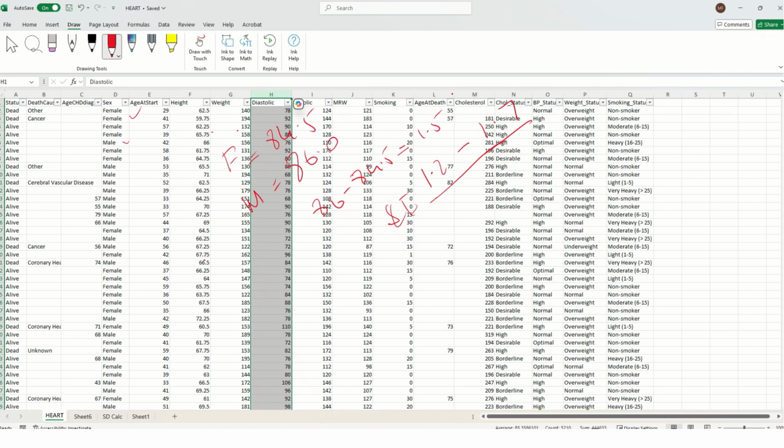But if you have three groups, like here, overweight individuals, normal weight individuals, and underweight individuals. Say overweight individuals have a mean diastolic blood pressure of 90, normal weight individuals have a diastolic blood pressure of 80, and underweight individuals have a mean diastolic blood pressure of 75.